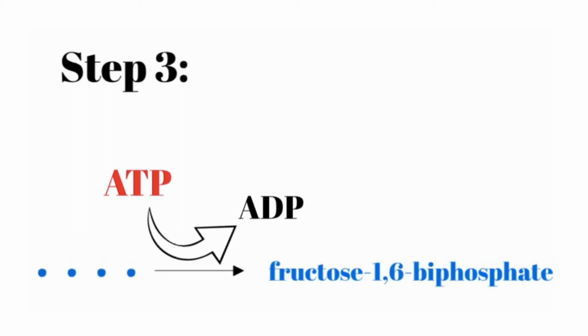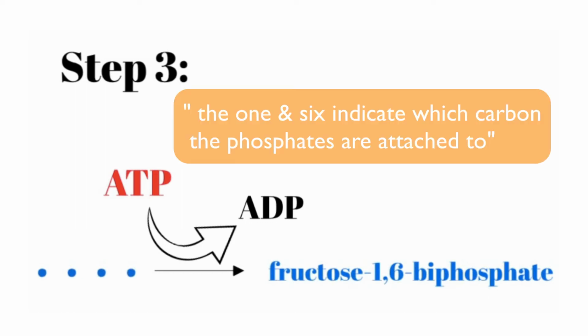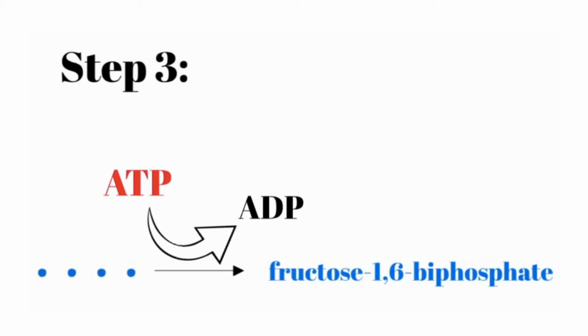Keep in mind, glucose 6-phosphate had 1 phosphate. This one now has 2, which means we have to break down another ATP molecule to add that phosphate here. So at this point, up through step 3, glycolysis has used 2 ATP molecules and no ATP molecules have been produced.